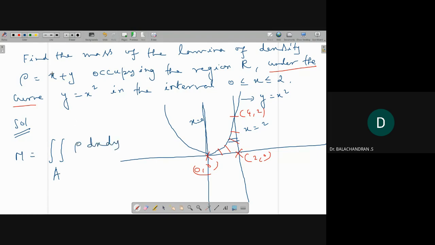Rho is x plus y, into dx into dy. So x varies from where to where? Here x is root y to 2. Y varies from where to where?